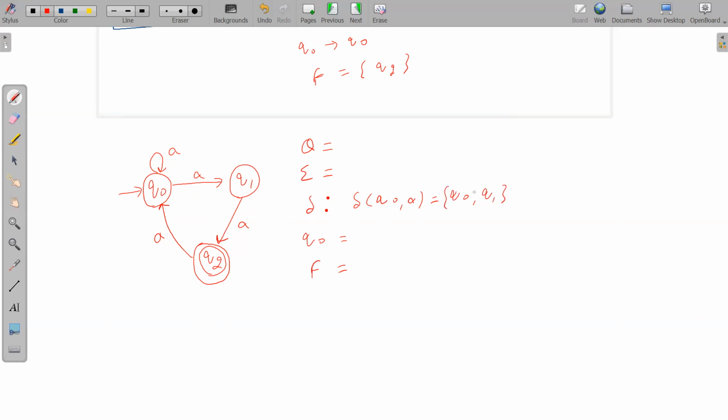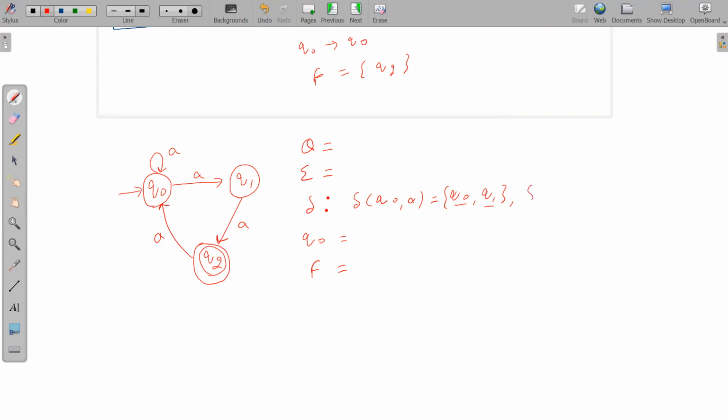Please do not say that at q naught, whenever a is read, it will go to both states. No, it won't go to both; it will move to exactly one of the states, either q naught or q1. That is the basic meaning of choice, which I have already told you: in an NFA we have a choice.